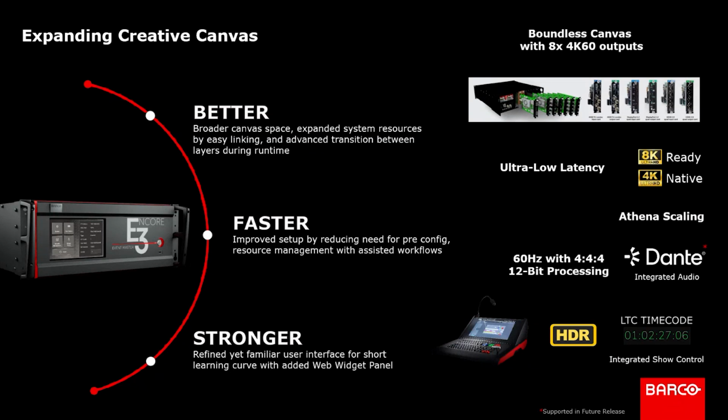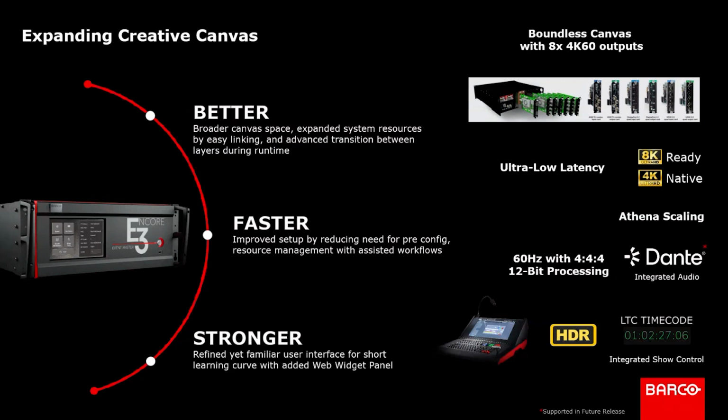We're faster. We've improved setup by reducing the need for pre-config resource management and our super awesome user-assisted workflows. And we're stronger, right? Redefined yet familiar user interface with a shorter learning curve, especially when we talk about our web widget panel, which we'll touch on a little bit later.